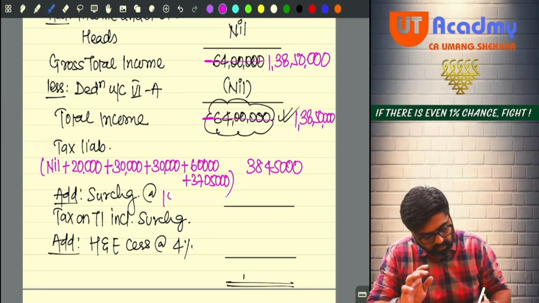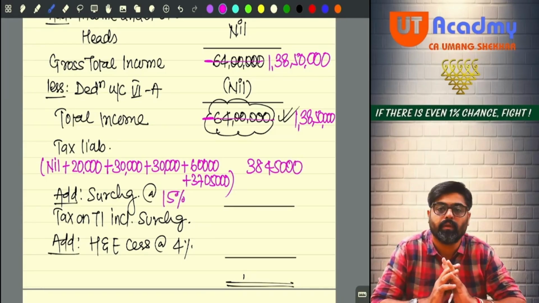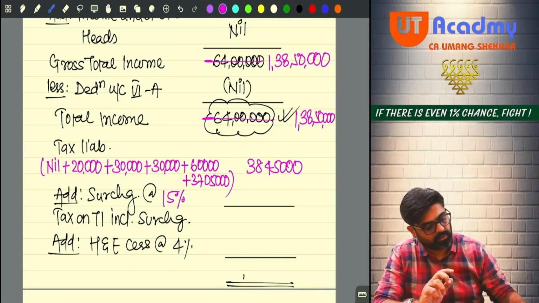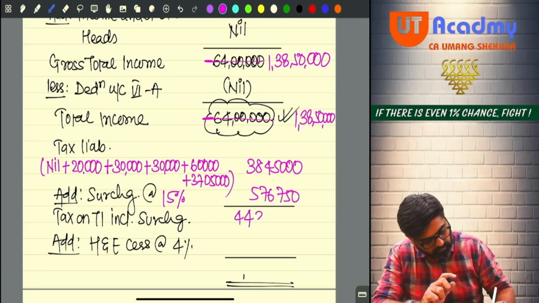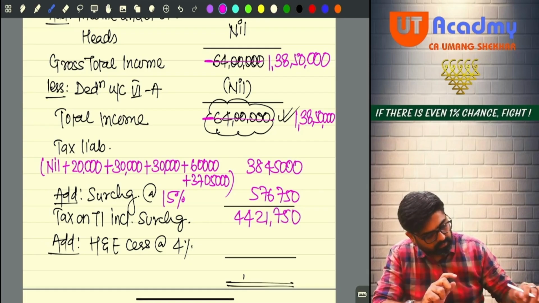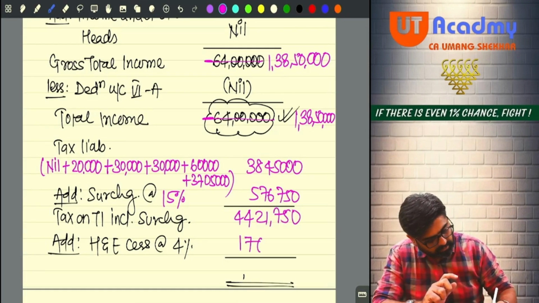Now the rate of surcharge will become 15%, which will be 5,76,750. So it will be 44,21,750, and 4% of that will be 1,76,870.